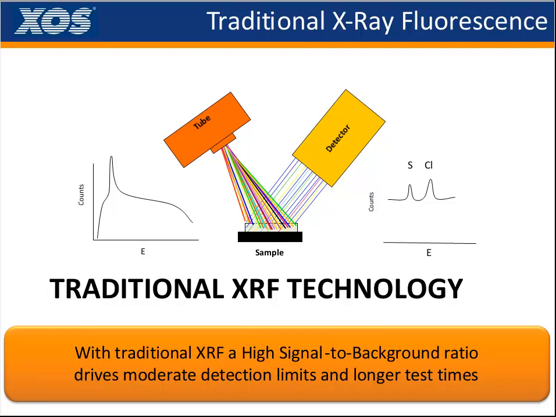The elements in the sample absorb the X-ray and emit their own X-ray fluorescence. And we use a semiconductor detector to collect all the information of the fluorescence. This first generation XRF technology is very simple and very convenient to use. However, there's a difficulty analyzing very low concentration elements because it has very limited sensitivity.